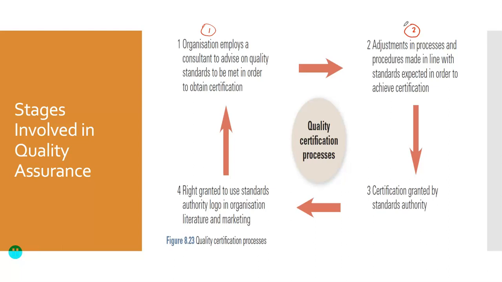So the organization that hopes to get certified by a quality assurance business, a standards business, will get a consultant to look at them, and they'll adjust their process to make sure they are doing what the external party expects. And if that occurs, they will be granted certification.